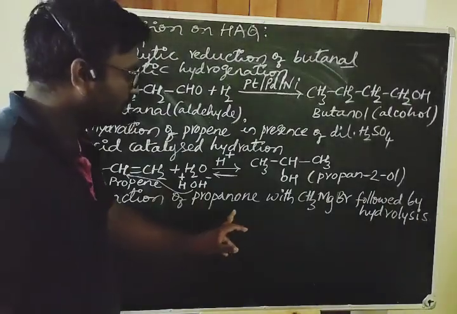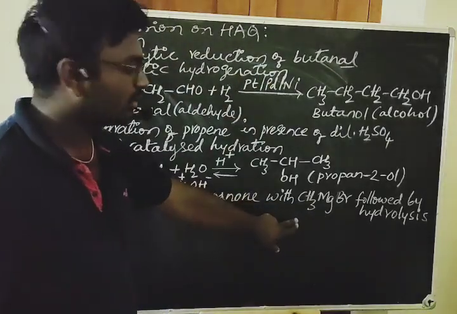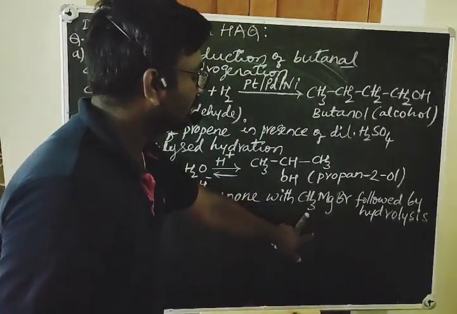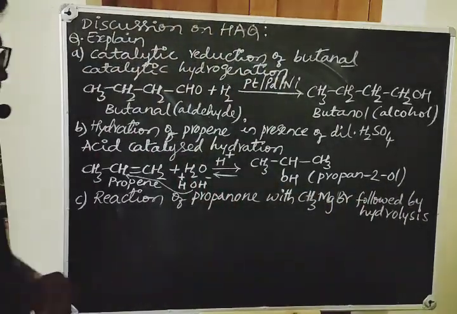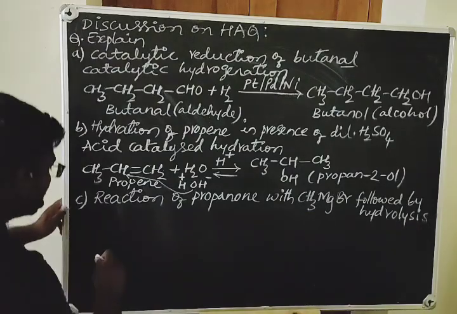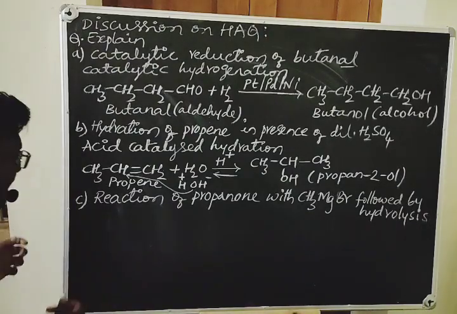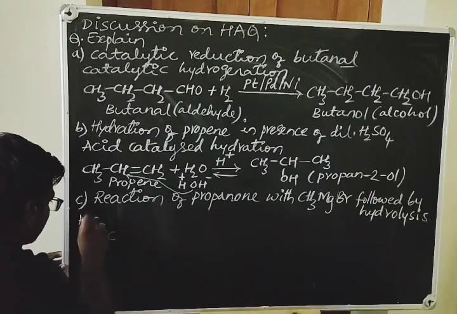Reaction of propanone with the Grignard reagent. What is this CH3MgBr? It is a Grignard reagent, and we can call this methyl magnesium bromide, followed by hydrolysis. So here nucleophilic addition takes place. I will show you that. Consider the propanone. It is also called acetone.